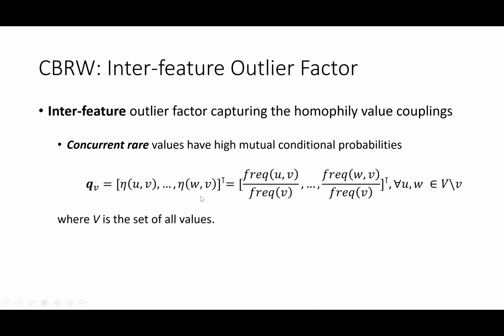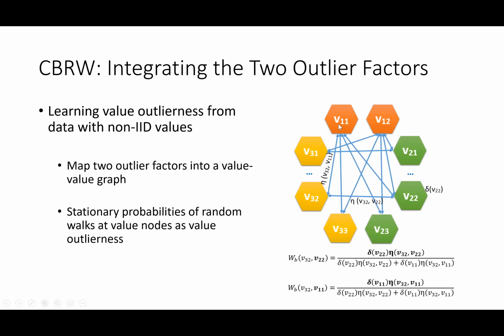Then we can further build the inter-feature outlying factors by considering the interaction between the target value V and other values from other features, such as U and V, and W and V, to measure this inter-feature outlying factor.